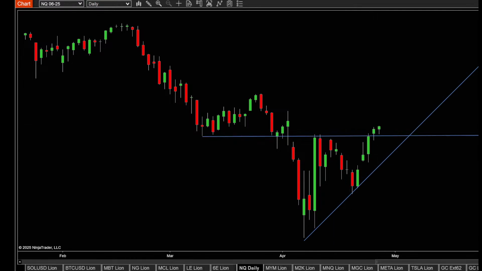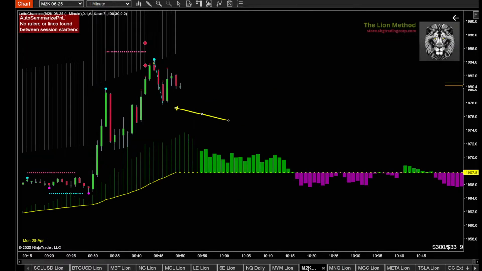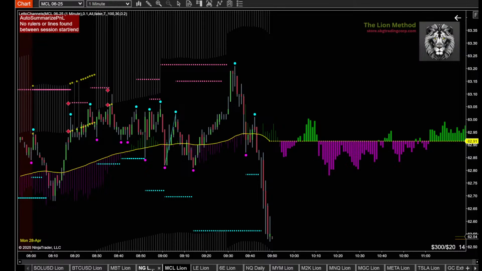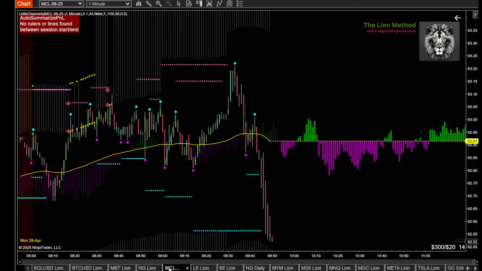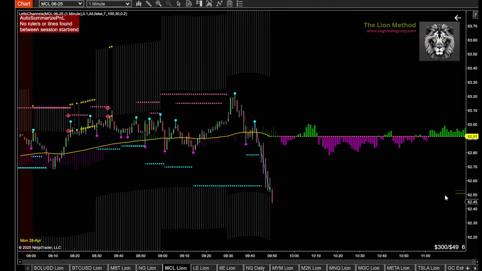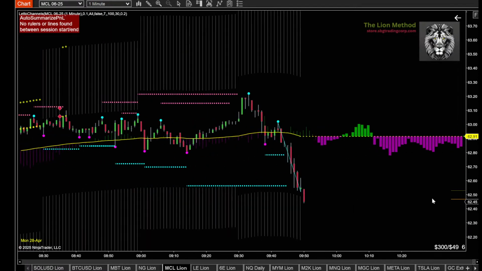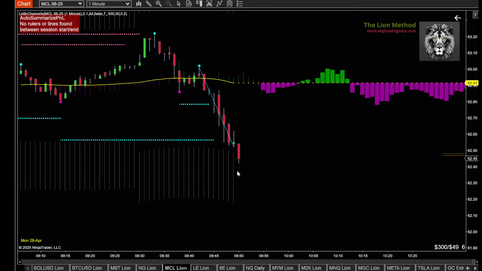NASDAQ looking strong. Well, we are getting near, or yeah, I think we're going to be oversold in the crude. Hmm. This is oversold. So once this bar prints, we should get our marker dots.